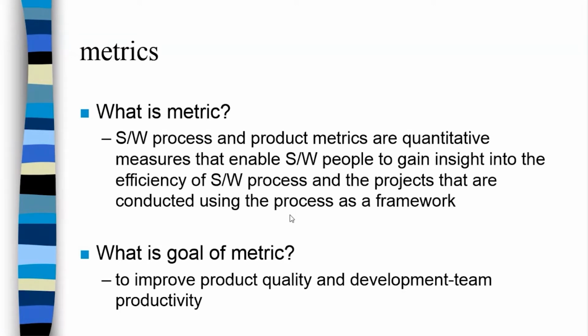Whatever effort or time your whole development team has put in for that particular project, you can measure all those things for your software development, whatever the outcome or end product is. You can measure all those things in terms of time, cost, or productivity.